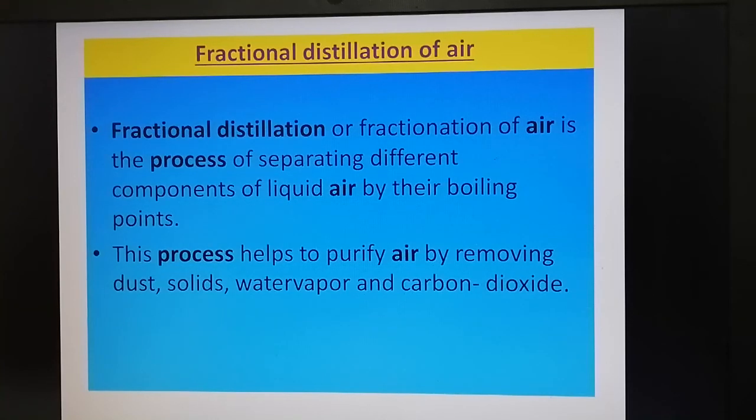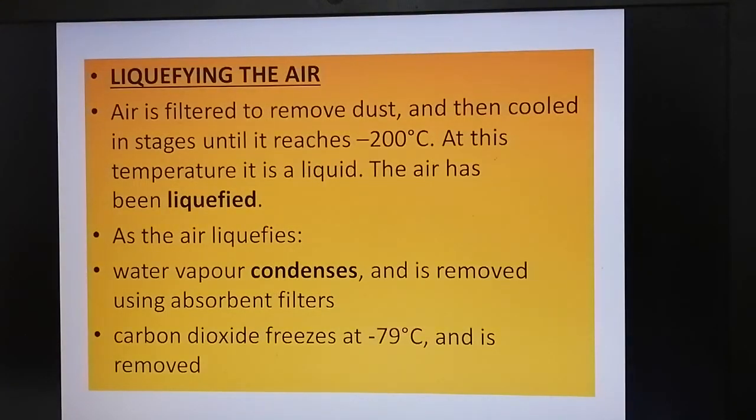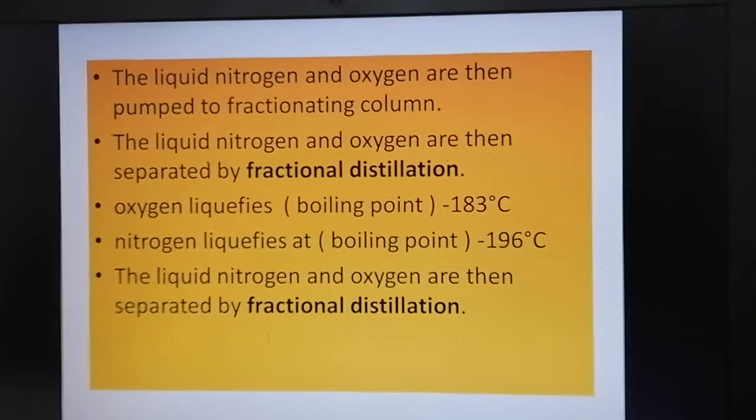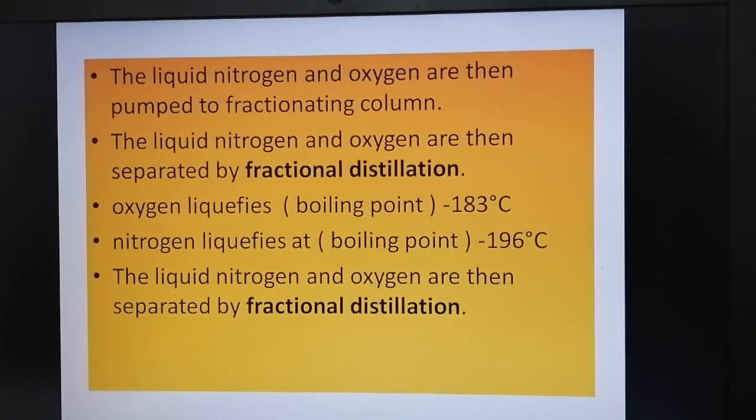Then the next step is the liquid air is passed through the fractionating column, the fractional distillation column. There, the liquid air boils up, which means it changes to gases, and according to the boiling point, they are collected at different layers.